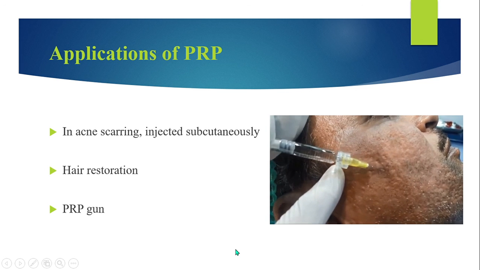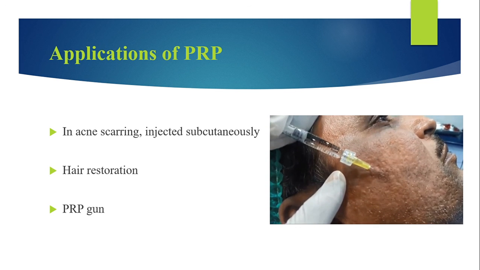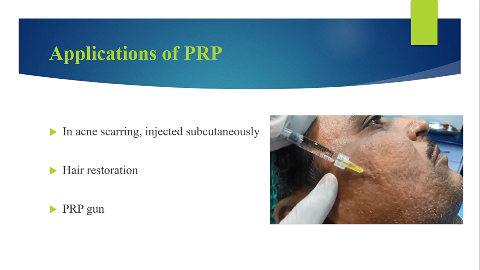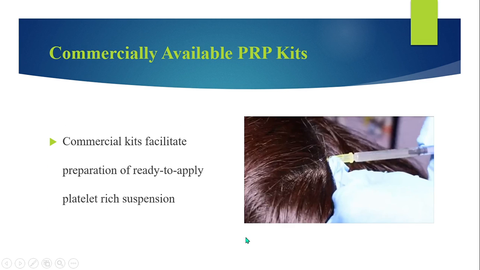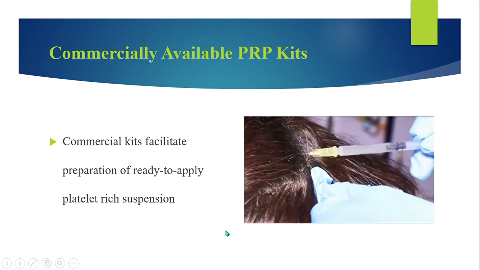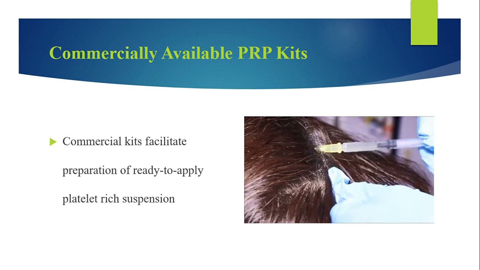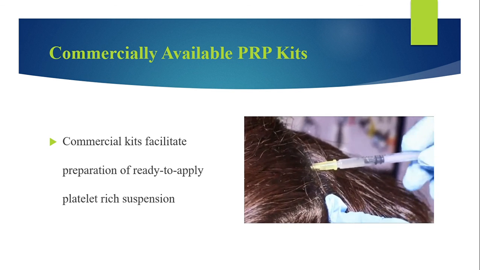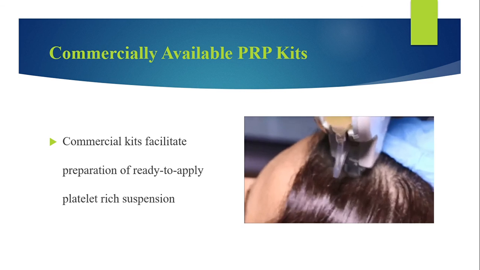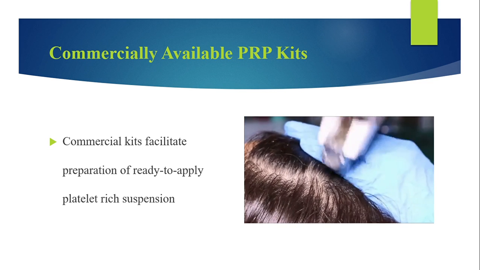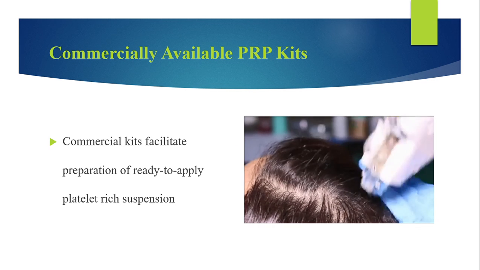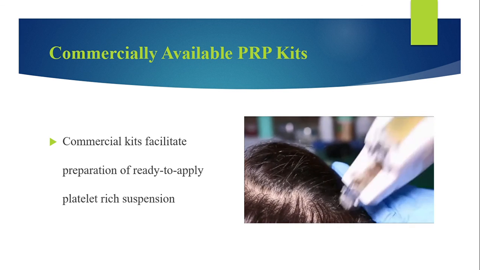The patient is anesthetized prior to the procedure, and then the serum is injected. Other indications that are the injection in the scalp for hair loss, again where it is injected after anesthesia. Another option is the use of PRP gun, as you can see in the video, which allows for easy injection into the desired areas.